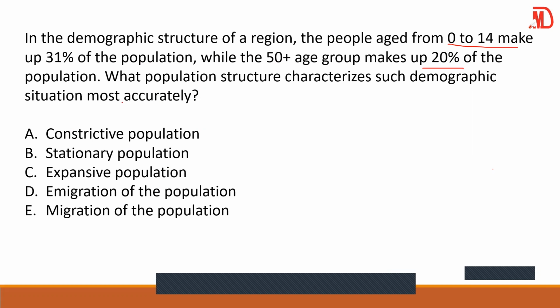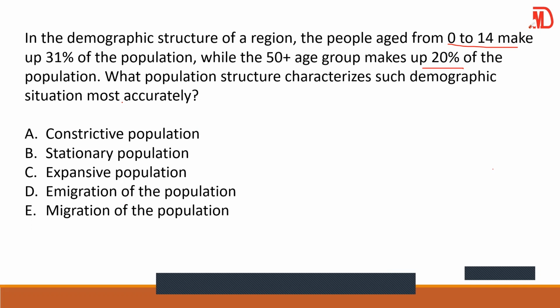So these are some of the things that you need to know. But looking at the age group, look at it from 0 to 14 years, 31%. From 50 going, we have 20% of the population. So what structure are you looking at?